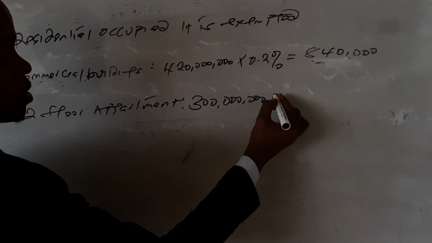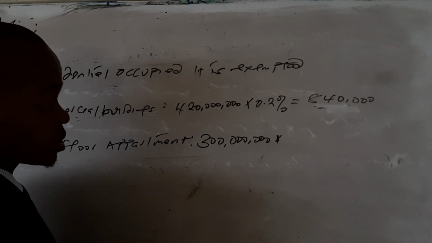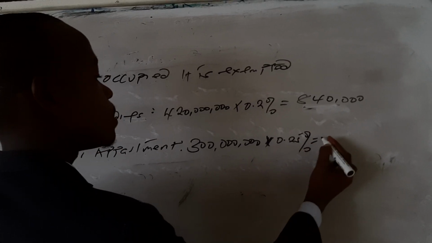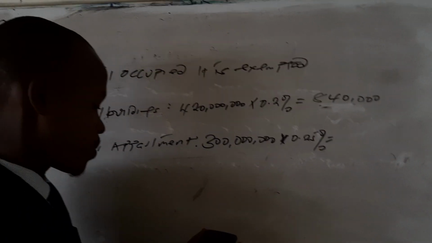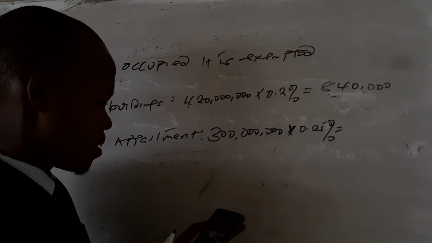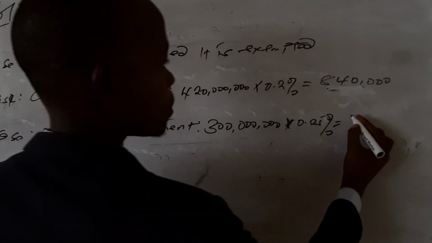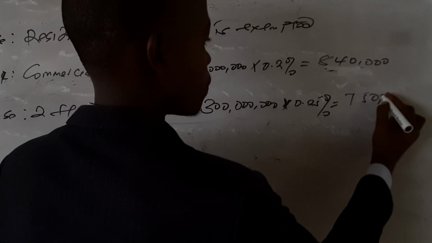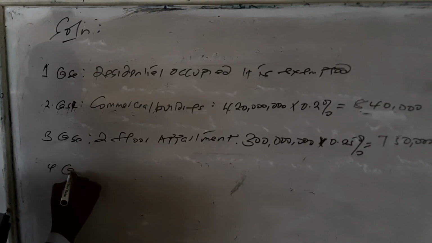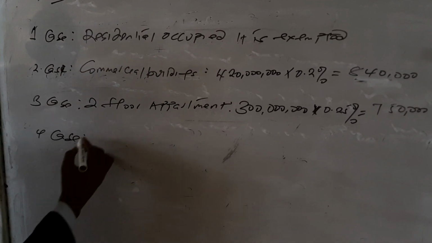Remember, apartments and commercial buildings are taxed progressively, and here you multiply by 0.25%, which gives you 750,000 Rwandan francs.